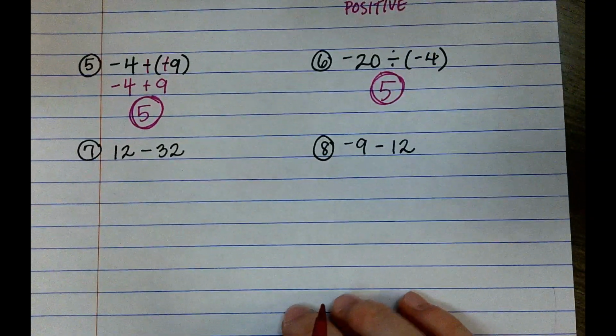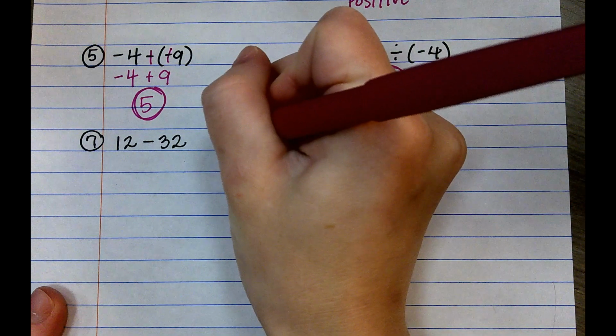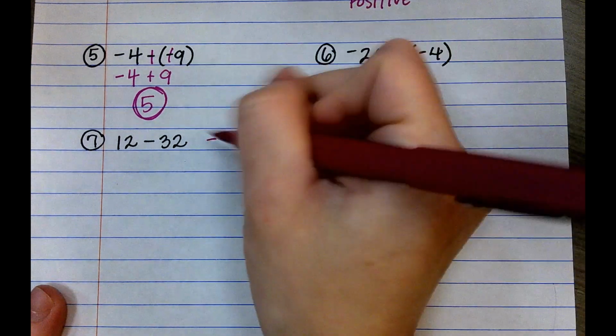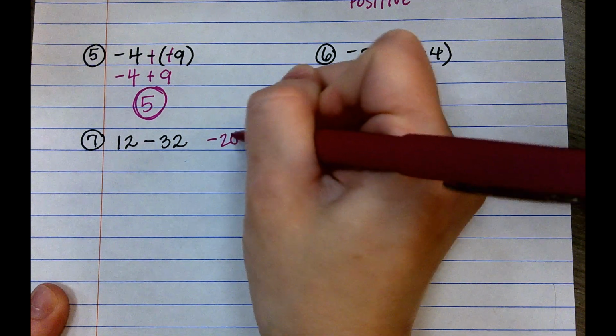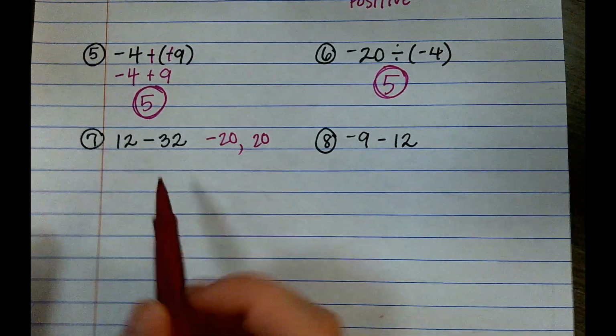Okay, number 7: 12 minus 32. I hear negative, I hear positive. I heard positive 20. Was negative 20 another answer? Let's see. The 32 is bigger.